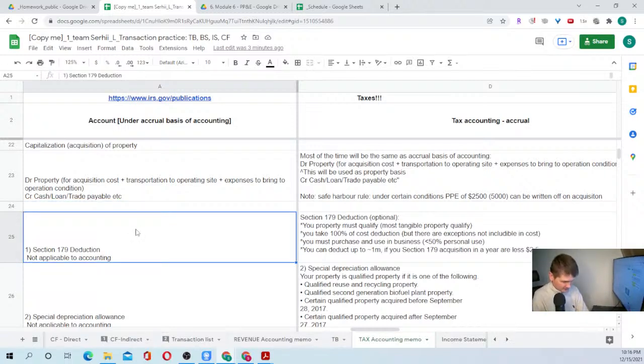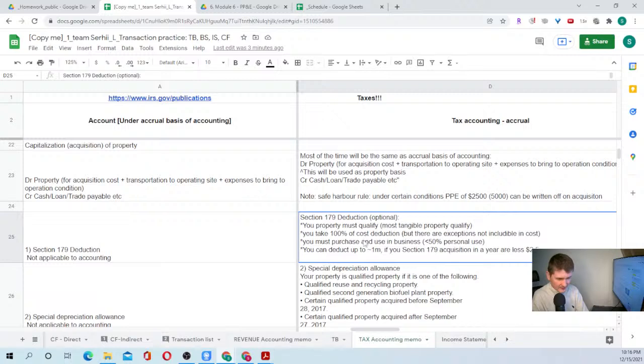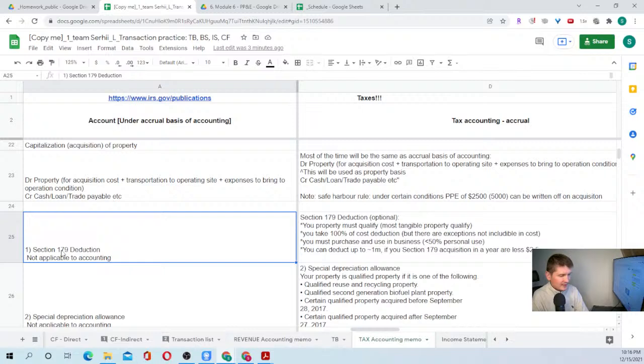Under tax, if we are a relatively small business and we acquired less than 2.5 million in property, we can take the 179 deduction and deduct for tax purposes the full acquisition cost of the property.